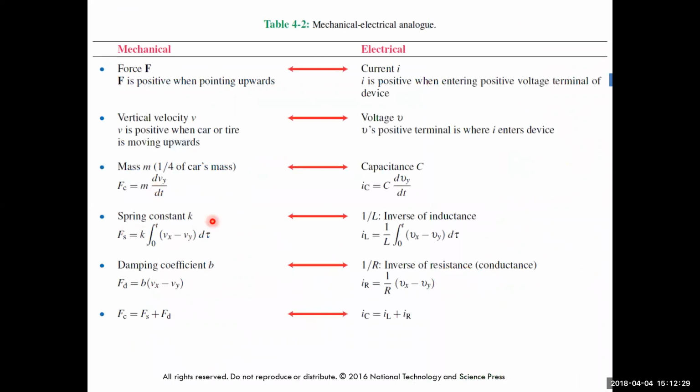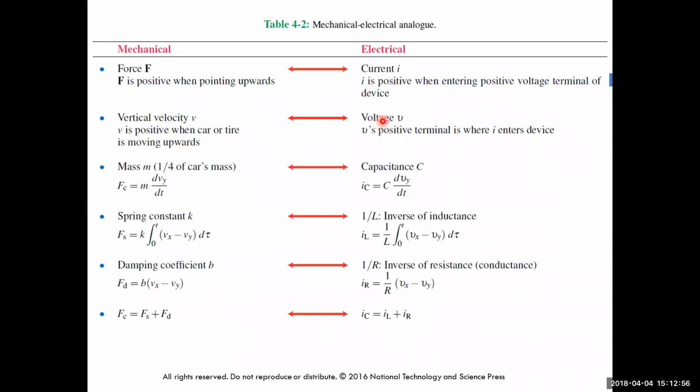So anyway, what would be the equivalent? Force is current. Velocity will be the voltage, meaning something, position changing with time. Where normally voltage for us is kind of static, something between 2 points.